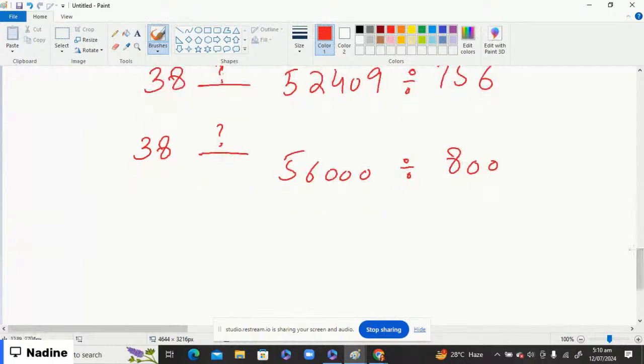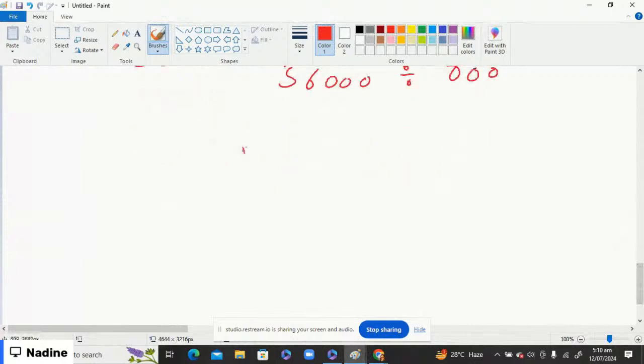Now we just need to divide 56,000 over 800. So 800 times which number is closer to 56? We are going to choose four numbers here, and then three numbers.